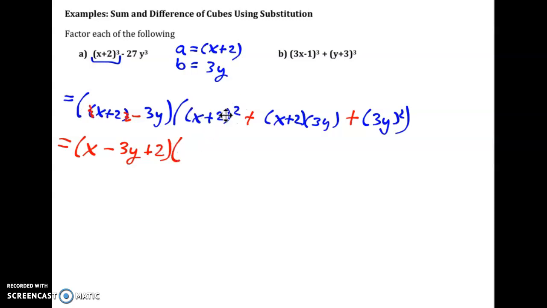For the next one here, we have x plus 2 all squared. So you do have to expand that, because remember, x plus 2 all squared is really like x plus 2 times x plus 2. So you either have to FOIL it out, or you have to use the shortcut. And the shortcut is square the first term, first times last times 2, so x times 2 times 2, square the last term.